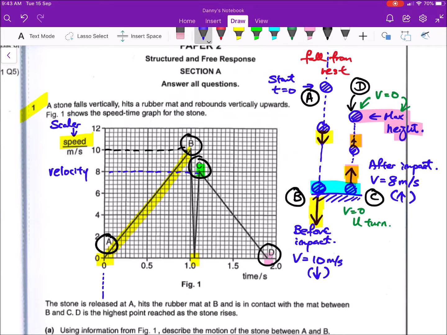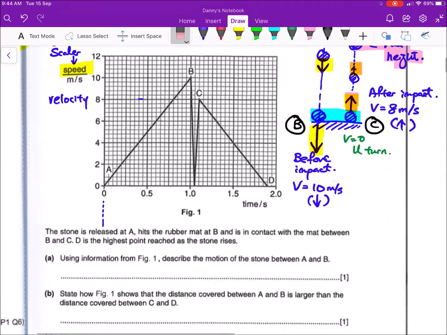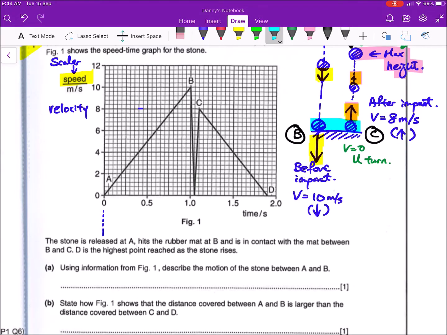So now I have all this data. I can now look at the rest of the question and see what do the questions want. So using information from figure 1, I have to describe the motion between A and B. So when we describe motion, we need to involve basically a noun plus the appropriate adjective.